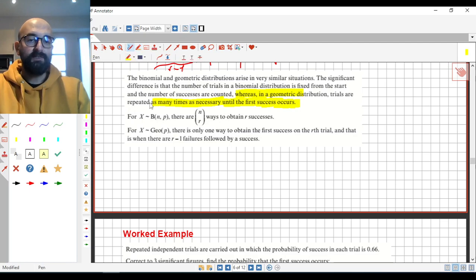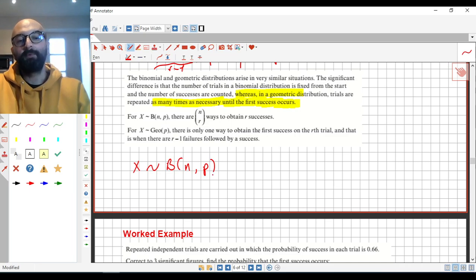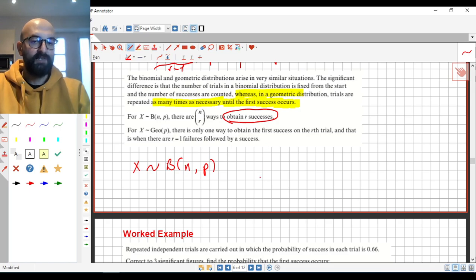If you look at the notation in the binomial distribution, for the variable x, the first term is n, the second term is the probability of success, and in the binomial distribution you can obtain r successes.